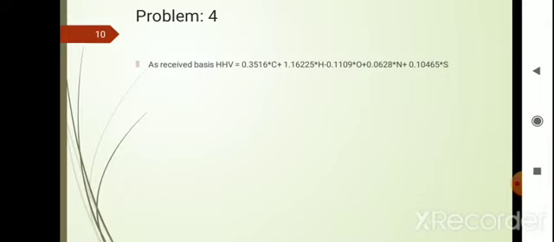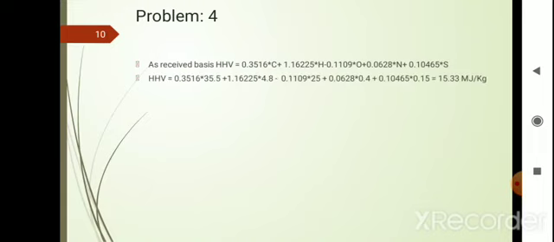The only thing is we have to just substitute the percentage of carbon, hydrogen, oxygen, nitrogen and sulfur. So carbon is 35.5, hydrogen 4.8, oxygen is 25, nitrogen 0.4, sulfur is 0.15.